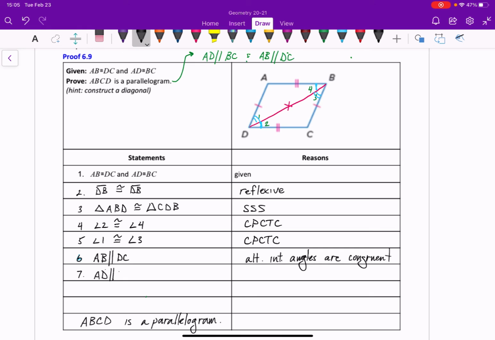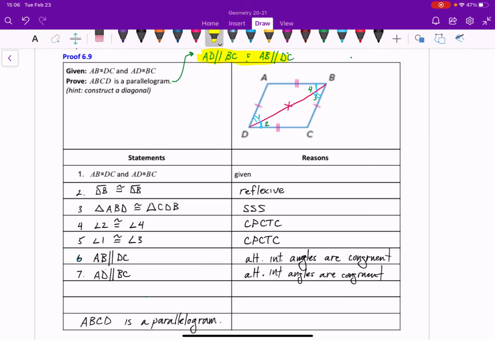So AD is parallel to BC, and again, alternate interior angles are congruent. And note that is what I was trying to show.